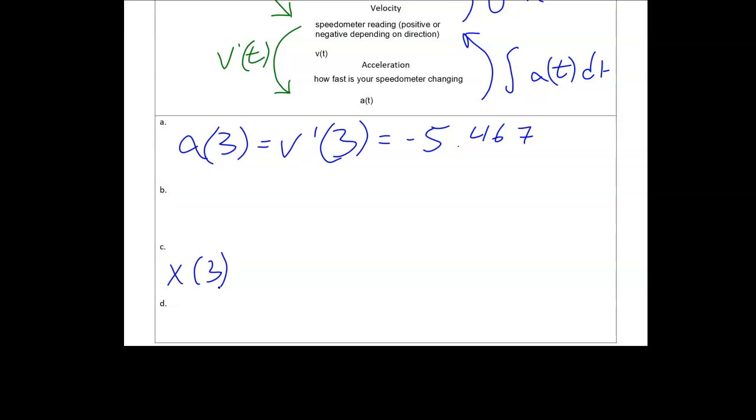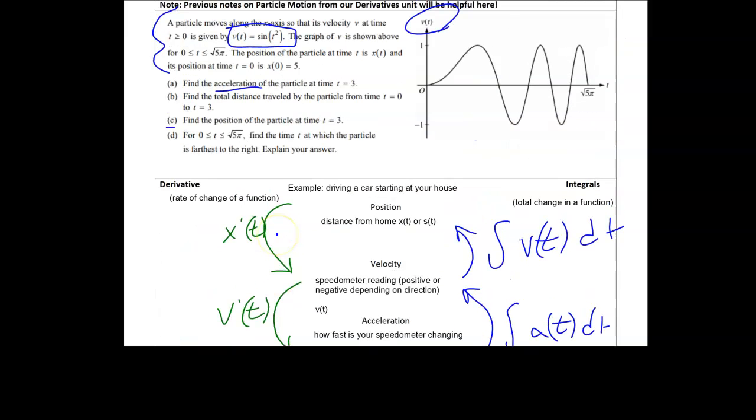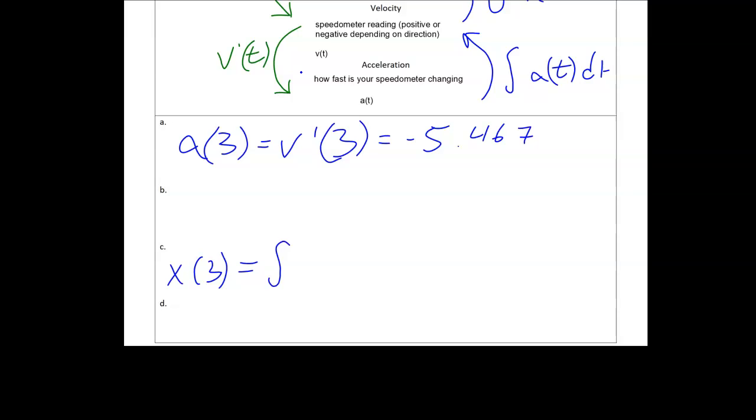And x of 3, so we're given velocity. So I need to integrate velocity to get to position. So notice I have x of 0. X of 0 is 5. So what I need to do is write an integral that gets me from that x of 0 to 3.